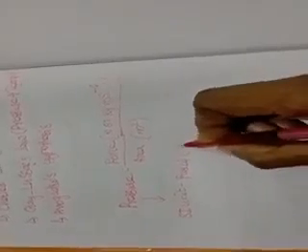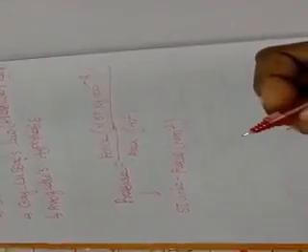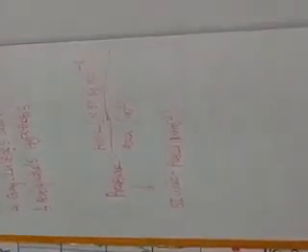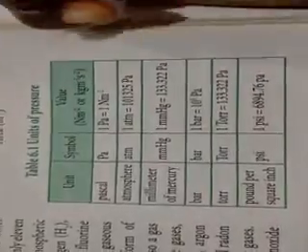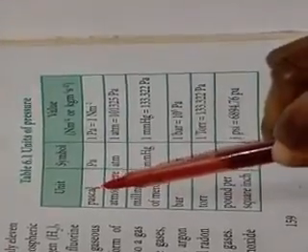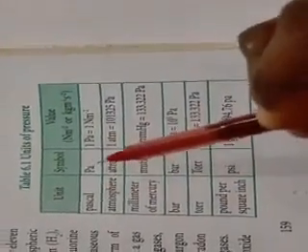This is a table which is explaining units of pressure. First one, unit of pressure Pascal. Symbol Pa, and 1 Pa is equal to 1 Newton meter power minus 2. Atmosphere, the symbol is atm, and 1 atm is equal to 101,325 Pascal.